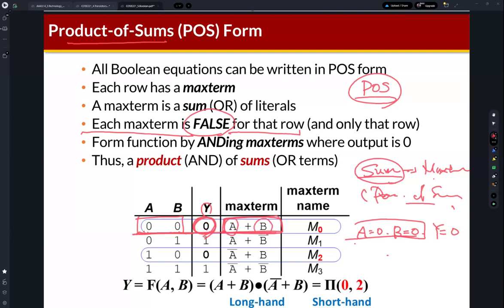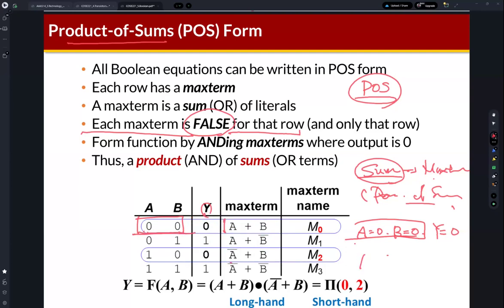So when we select the max term, A is A, its own variable, if A is 0. Okay, so this is a max term, and this is another max term, and then we select max terms that can make the output 0.